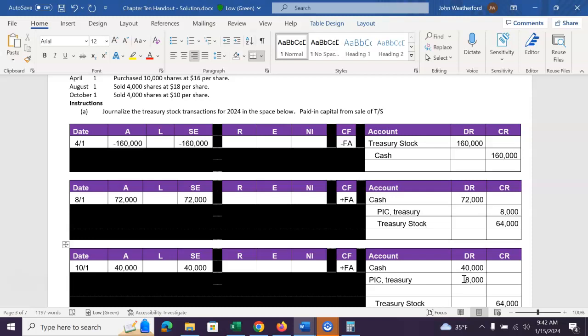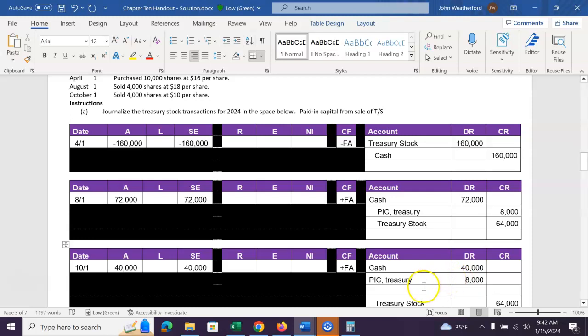Okay, so now you're maybe wondering, what other account are we going to debit? We've credited treasury stock at its cost, debited cash for the amount received per share times the number of shares sold, and then we debited paid-in capital from sale of treasury stock for the $8,000 to wipe out its balance.